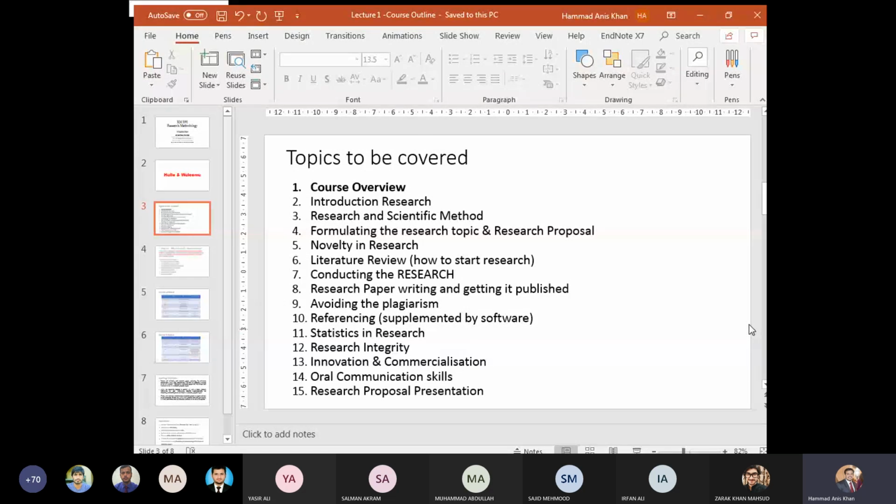When I'm talking to you, I'm not considering you as a structural engineer or a geotechnical engineer. I'm just considering you as an engineer who is planning to enter into the phase of research. Okay, so this would be our aim.